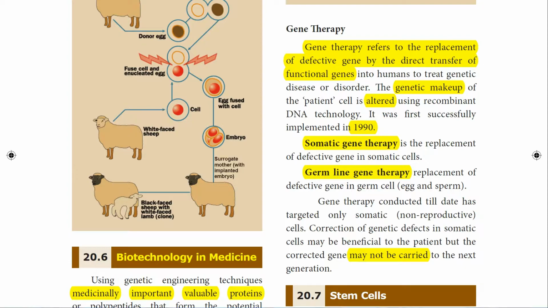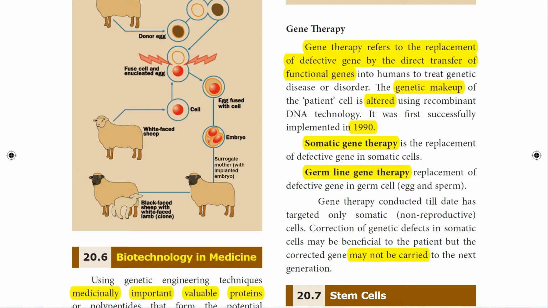By this replacement they are able to alter the genetic makeup of the patient itself. Using this recombinant DNA technology, the genetic makeup of the patient can be altered by replacing the defective gene with the correct gene, and it was first successfully done in 1990.